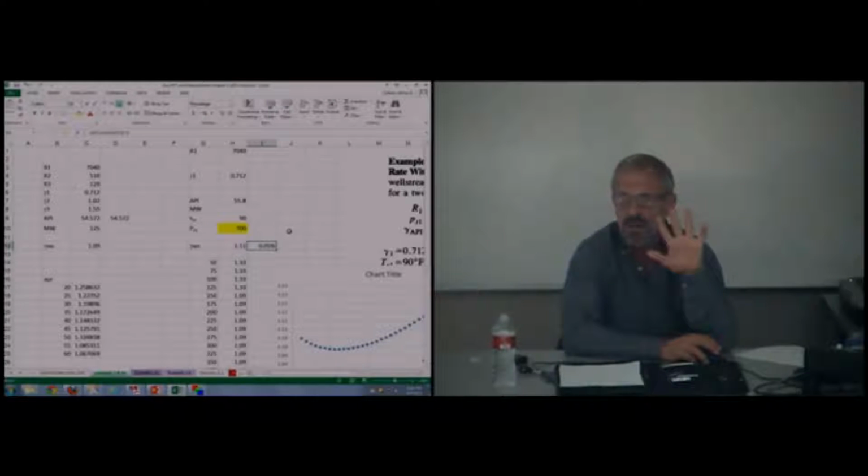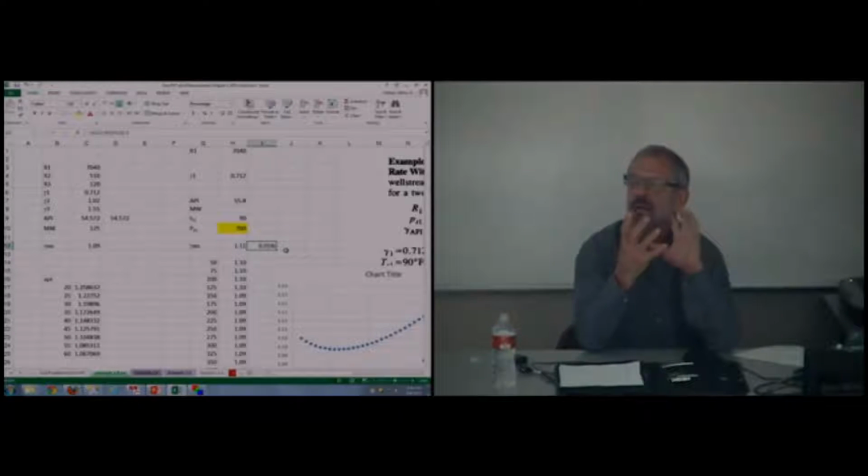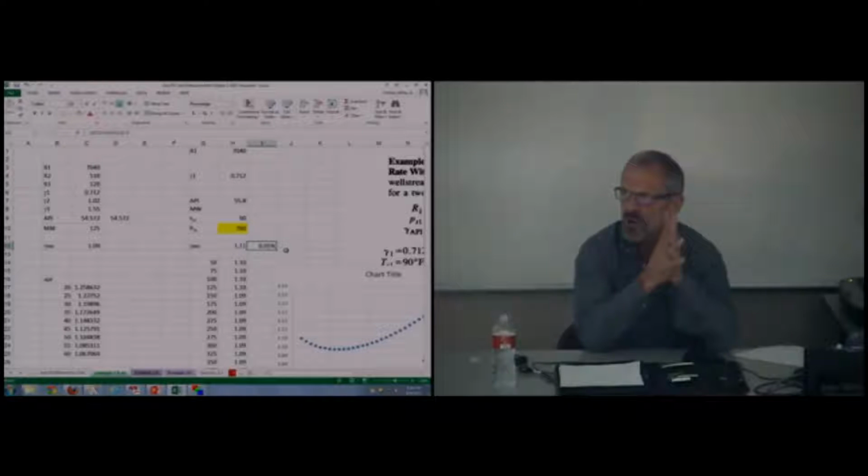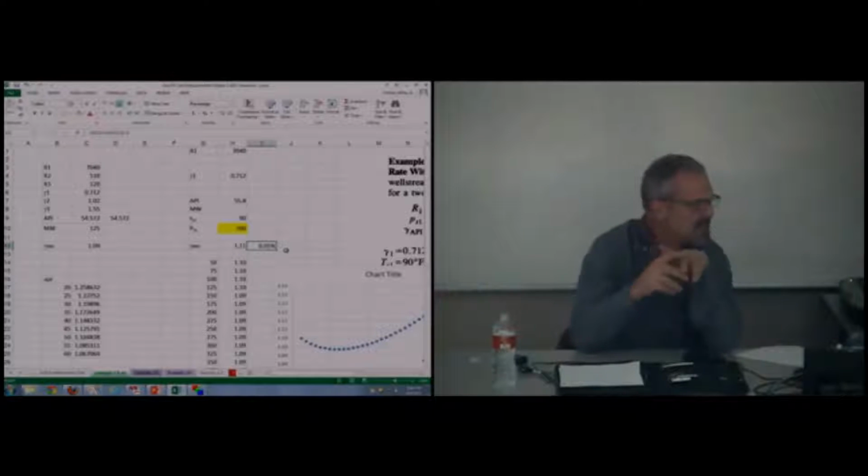So correlations are important. Some good engineer did a good job of getting enough data so the correlations work. And in many cases, this is the technique you're going to use in the field to try to get an idea of what the reservoir gas gravity is so we can calculate these fluids.